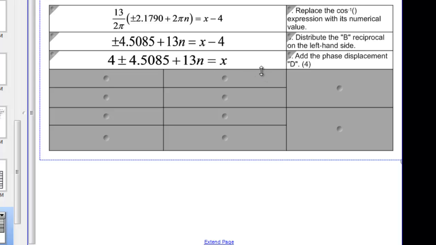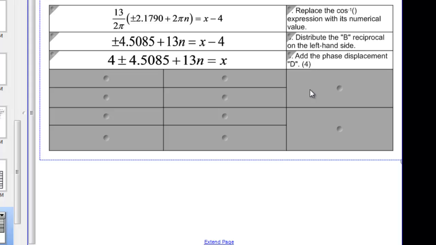Now this expression here allows us to calculate any solution for x. So this would be a great final answer if I'm simply trying to find an expression for all the possible values of x that meet the requirements of our initial equation.